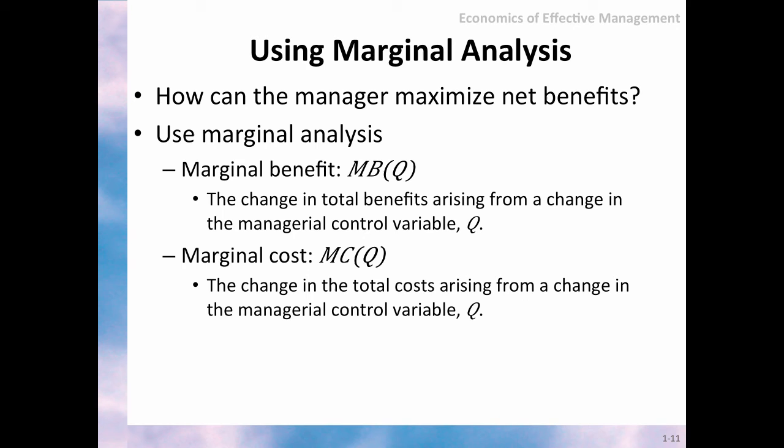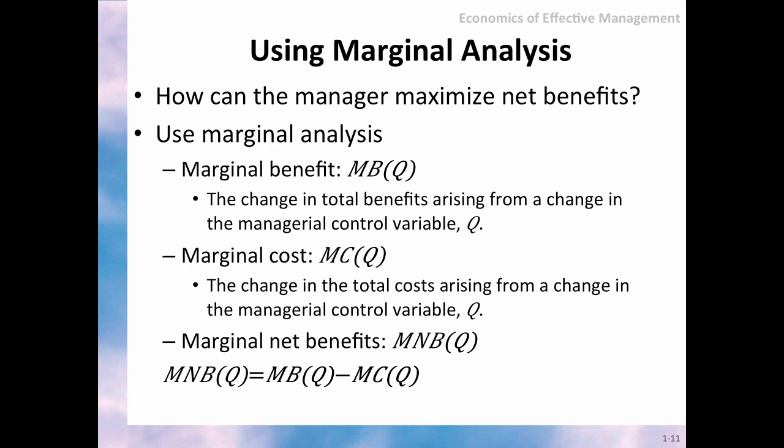Well, the first step is to derive marginal benefits, MB(Q), which is the change in total benefits when there is a change in production Q, and also to derive marginal cost, MC(Q), which is the change in total cost when there is a change in production Q. The marginal profit then is equal to the difference between marginal benefits and marginal cost.